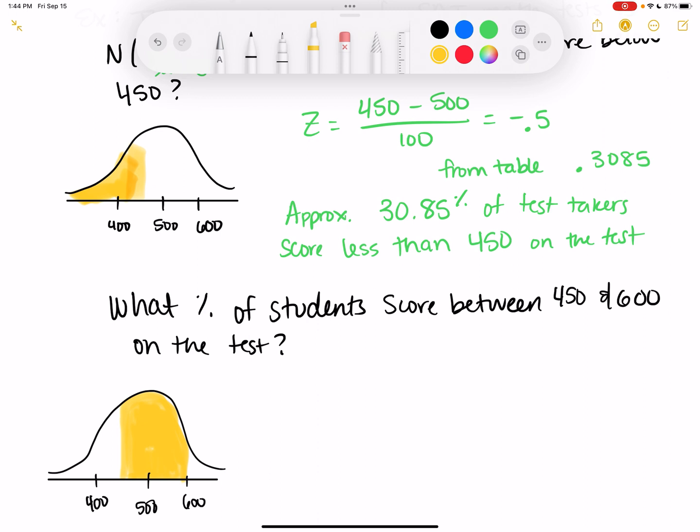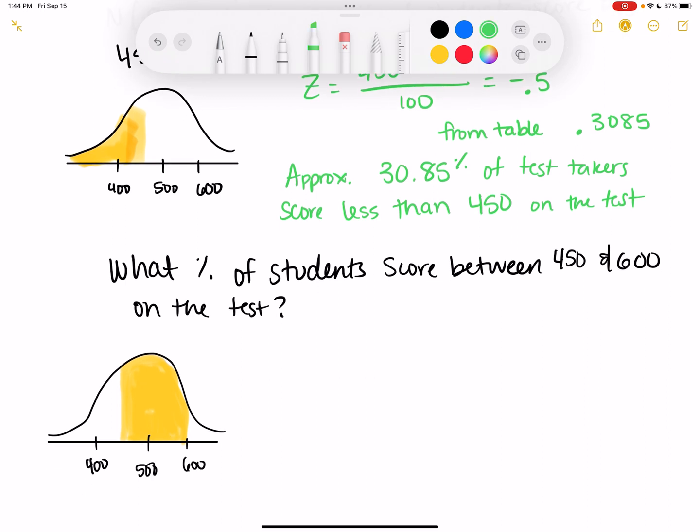So now what I do is I need to find the z-score at each end, okay? I only needed to do this part right here, the 450, when it was less than 450. But now that it's between, I've got to find both ends of it, okay? Because what this percentile does is everything before it is included. But now I only want that middle region, okay?